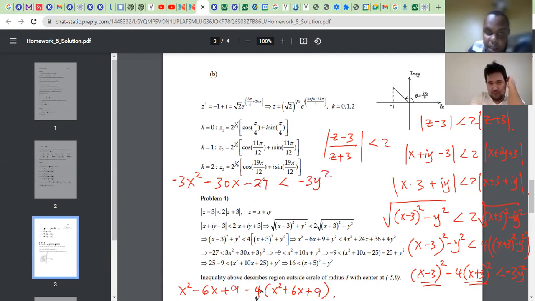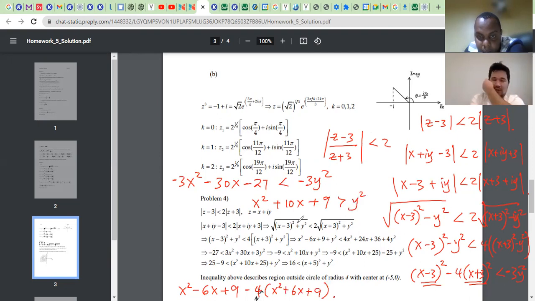So you divide everything by negative 3 and you get X squared plus 10X plus 9 is greater than Y squared.